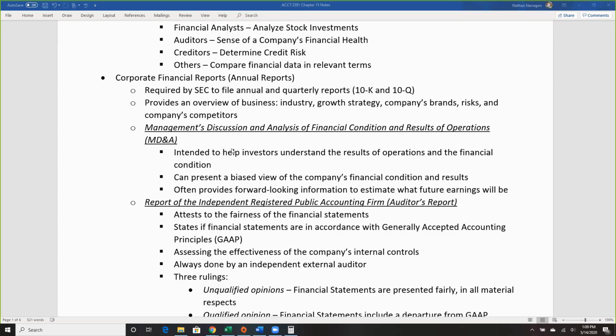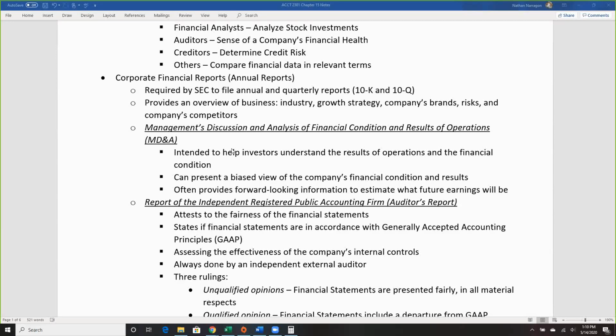Another part of the annual report is the management's discussion and analysis of financial condition and results of operations. Woo! Mouthful there. They're known as the MD&A. Out of all that, they got a very simple acronym.